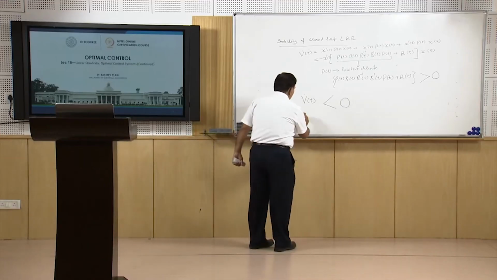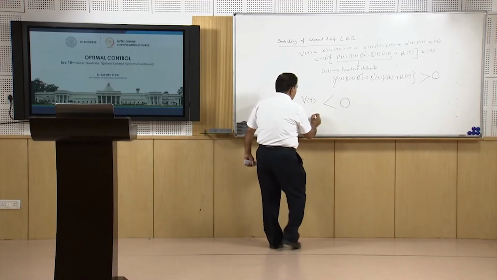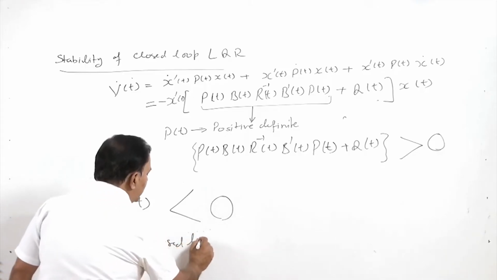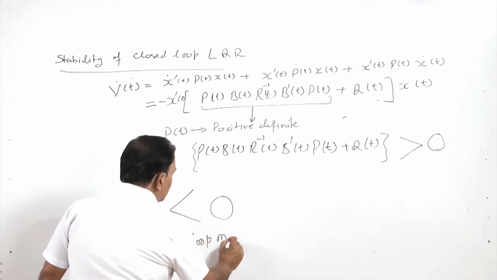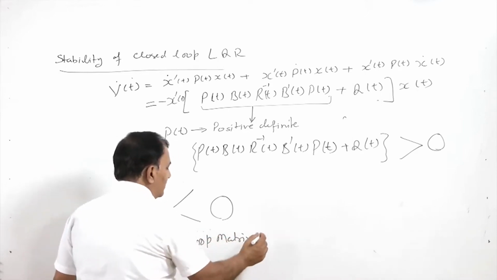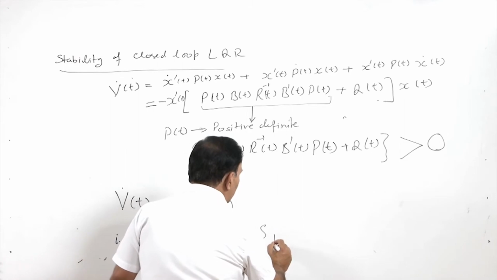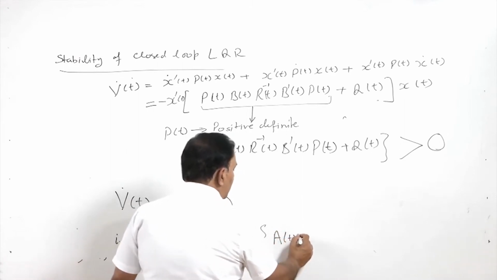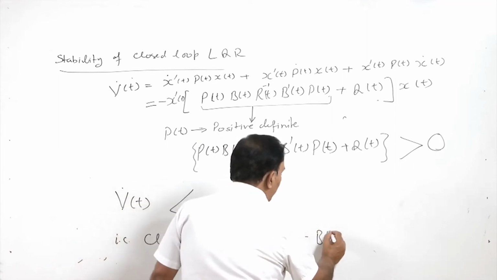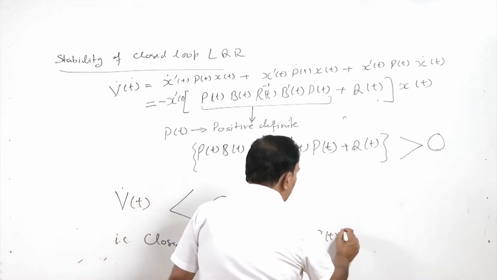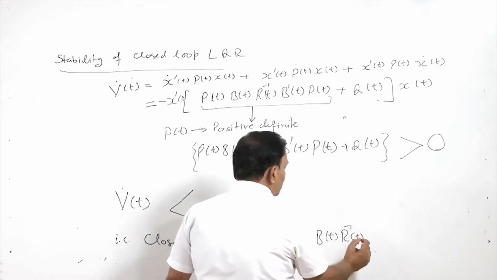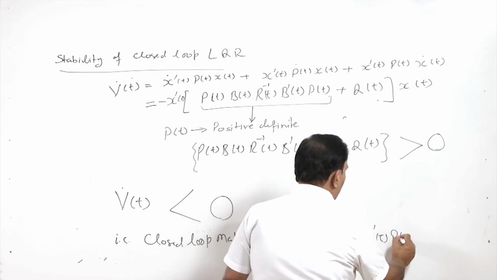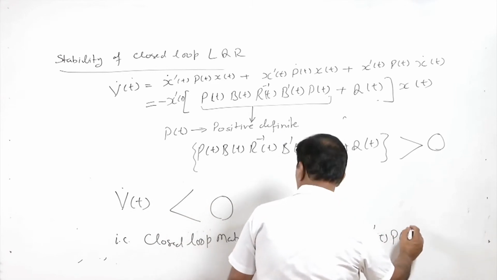This means my closed loop matrix, what was this? At minus Bt R inverse B prime Pt.